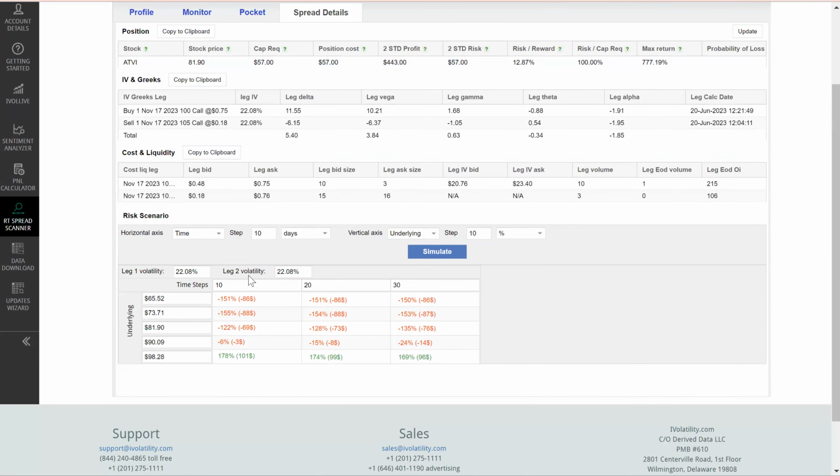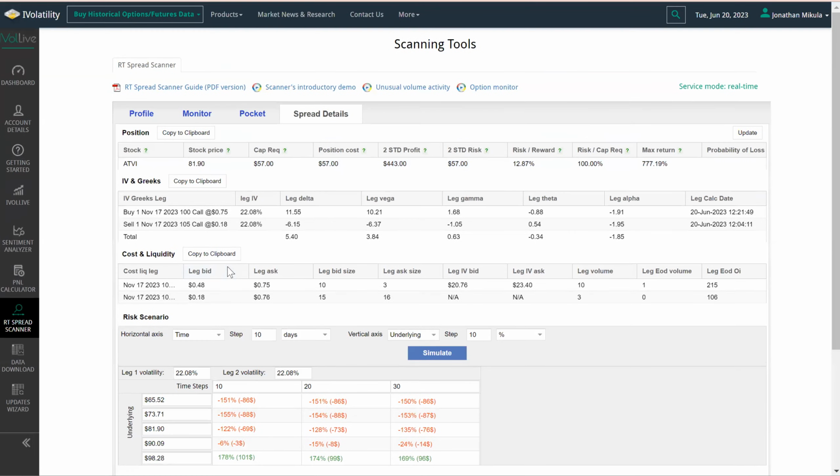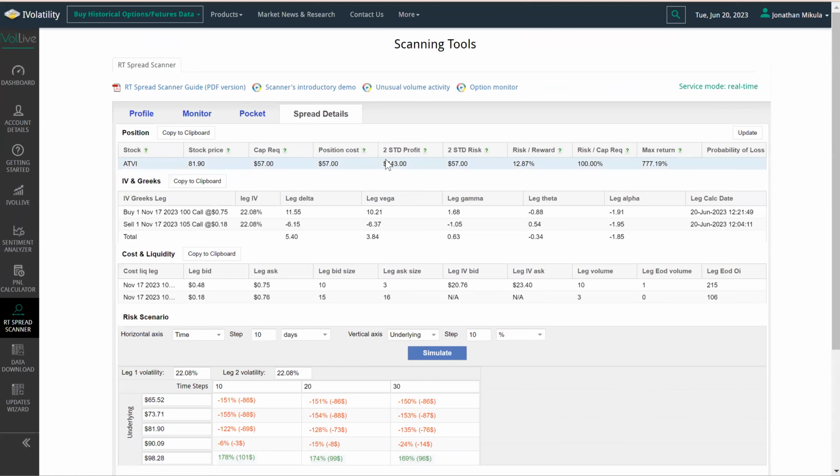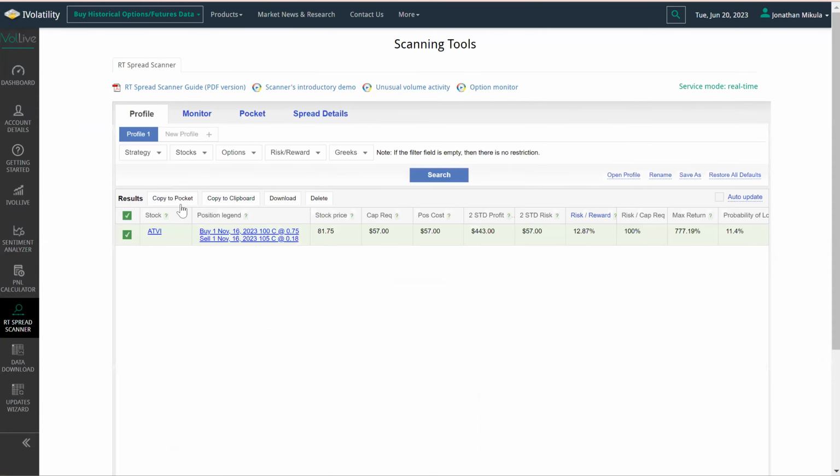We could see over the next 10 days, if Activision goes to 98.28, that's where this particular trade starts showing a great profit. But even though we start showing a profit, our potential profit is going to be capped with a bull vertical spread. So if you don't mind capping your profit and you think it's likely your stock is going to trade within this range, then the bull vertical spread is an excellent tool.